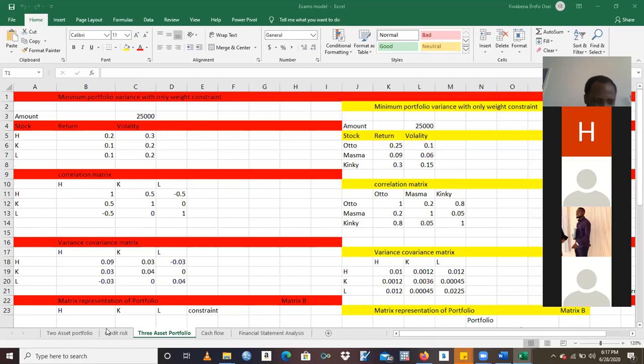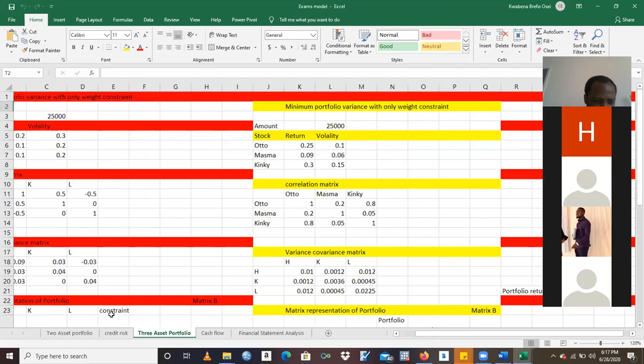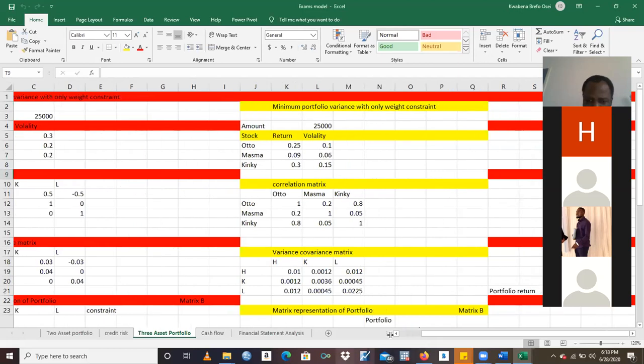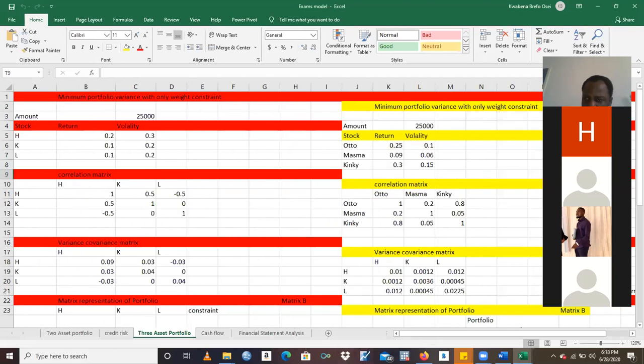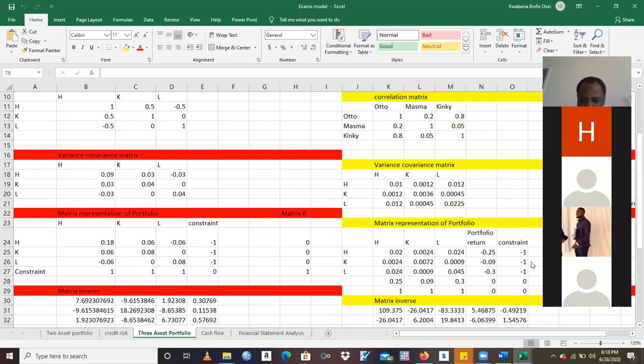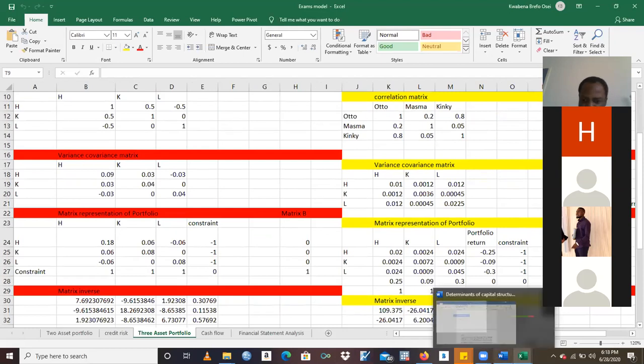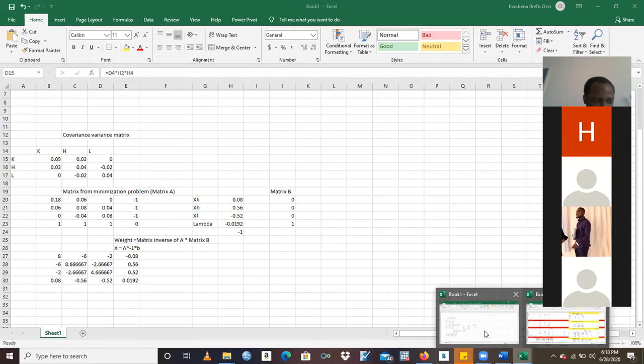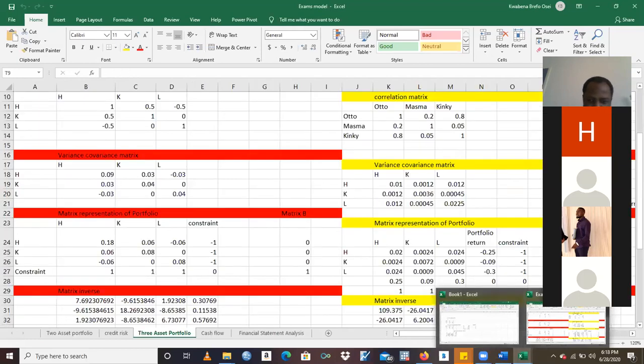But the matrix inverse matrix representation. So what is this matrix representation? In this case, I made it HKL. So let me look at what I had here. So 0.18, 0.06, negative 0.06. Where's my negative 0.06?